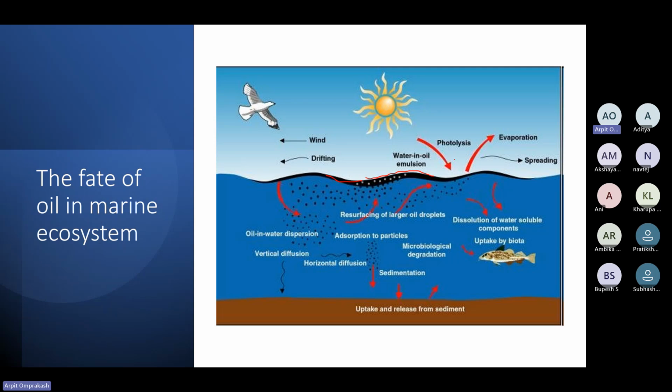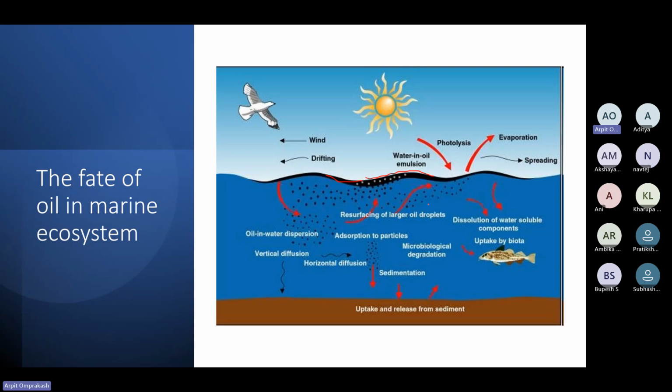Due to wind and the movement of the waves, the movement of the surface of the ocean, the oil spill will spread to different regions. It might also come up to the beach and cause issues there, leading to the death of many organisms on the shores, coastal and shoreline animals and birds.